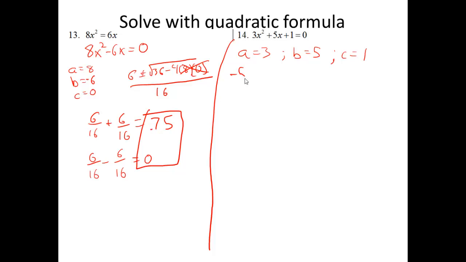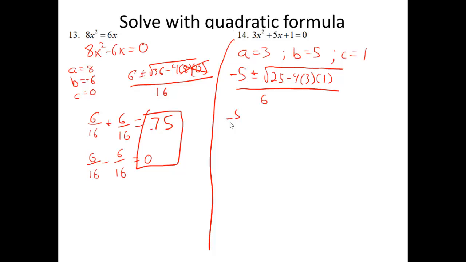So we have negative 5 plus or minus the square root of 25 minus 4 times A, which is 3, times C, which is 1, all over 2A, which is going to be 6.